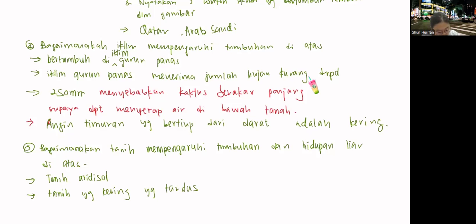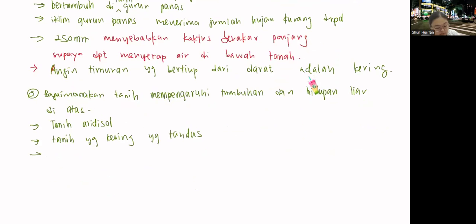Now, so what happened? You link with what happened to the plants. So you can say tumbuhan yang berakar panjang, or you can say ciri-ciri tumbuh-tumbuhan di kawasan ini adalah akar yang panjang. Akar yang panjang for what? Supaya dapat menyerap air di bawah tanah.